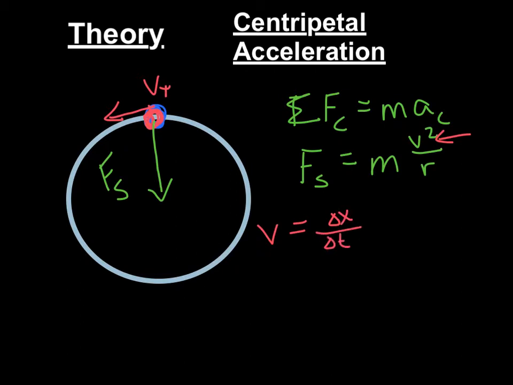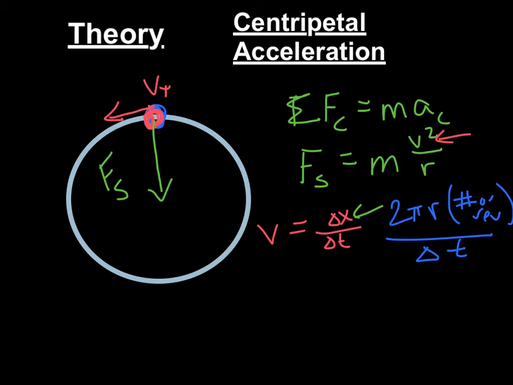So let's examine how fast this goes. If we look at this, delta x is distance around the circle. So that's going to be 2 pi r, times the number of revolutions, over delta t, which is your time frame.